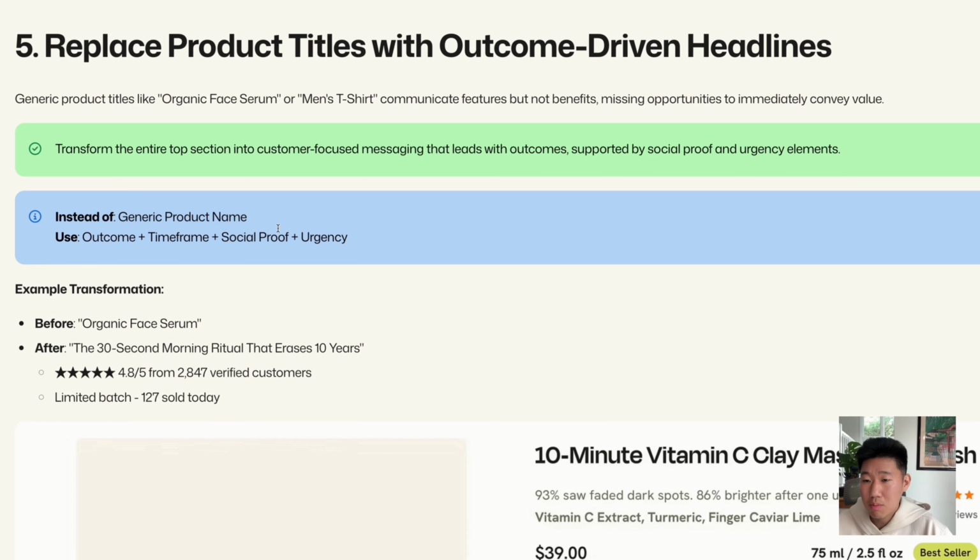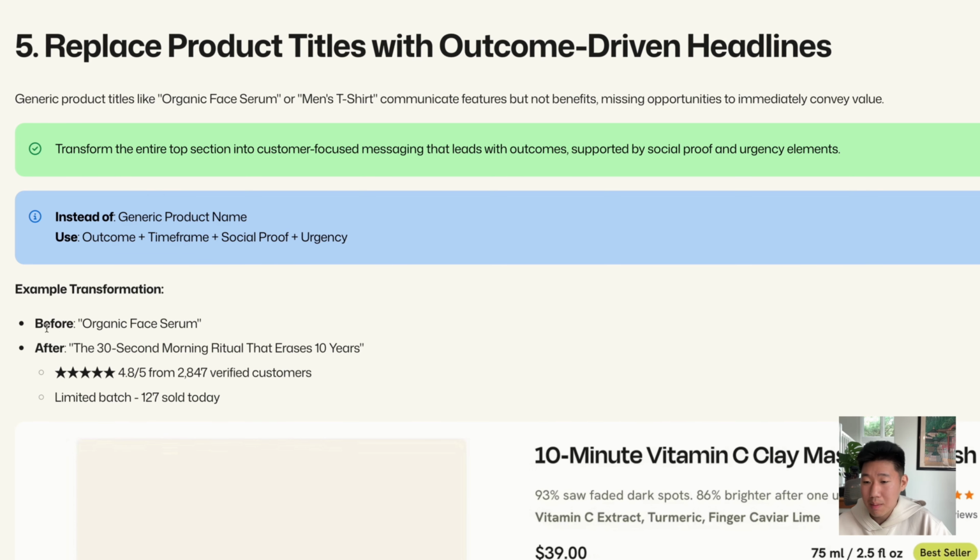So you want to transform the top section, focusing on customer-focused messaging that leads with outcome and is supported by social proof and urgency elements. So instead of using just a generic product name, you can also include the outcome, the time frame, social proof, and urgency associated with what it is.